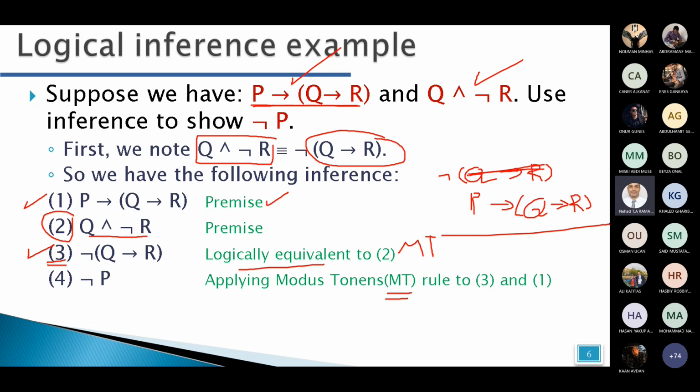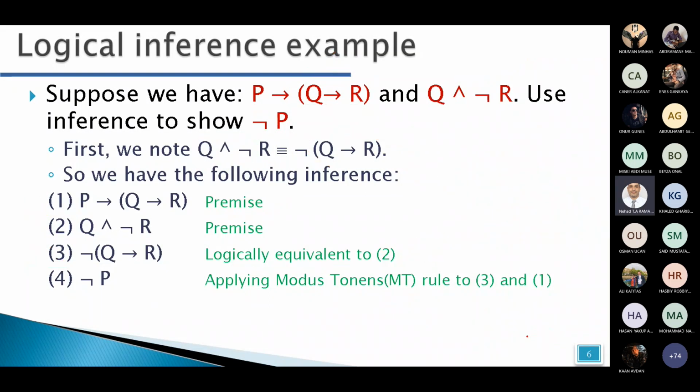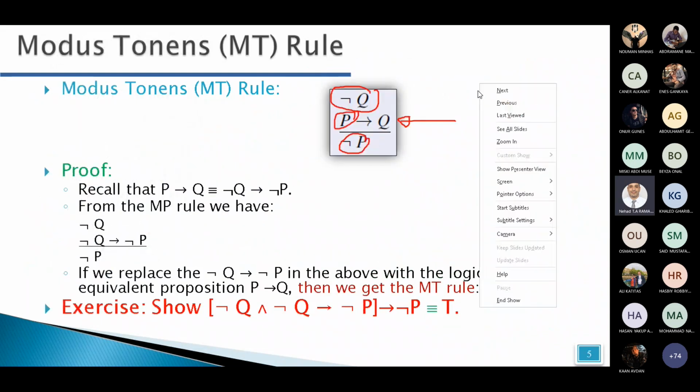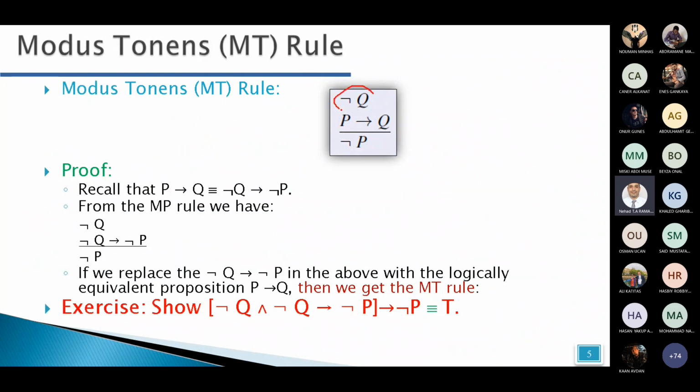Consider it as K. Then if we have not K and P implies K, what can we get? We can get not P. From where? From the MT rule. From MT rule, if we have not the Q and P implies Q, then we can get not P.